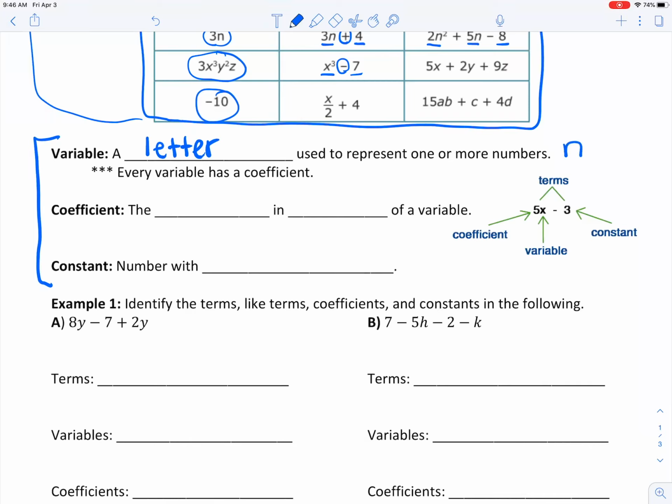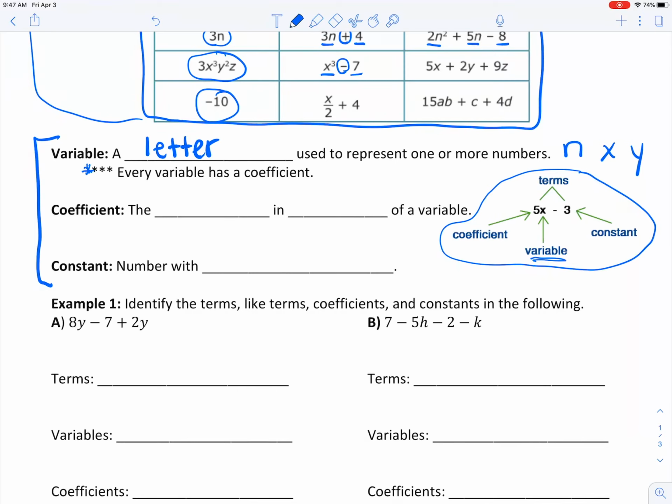So for example, in a lot of our lessons, we were using n to represent some number, okay? I want you to know that it doesn't matter what letter we use. So we could also use x, or y, or z, okay? In this example right here, which I'm going to refer to a lot, the variable is the letter x.